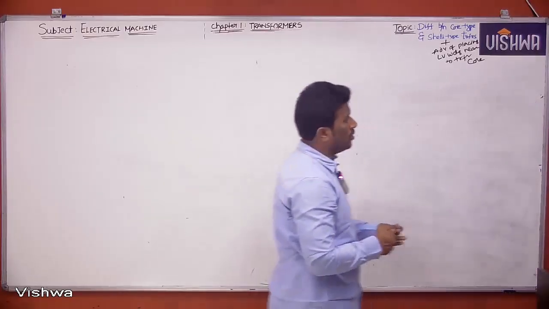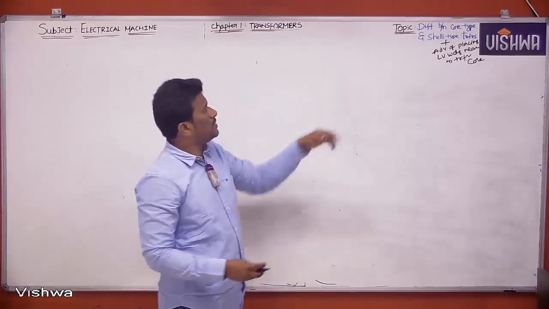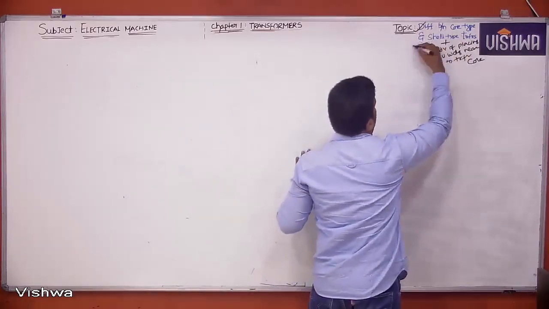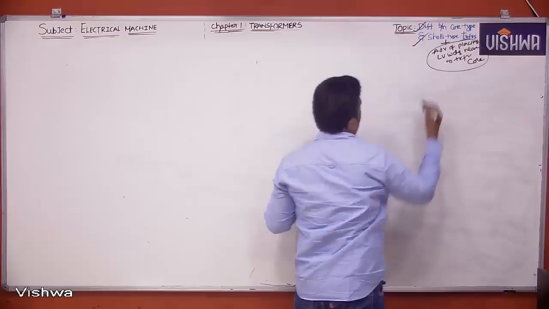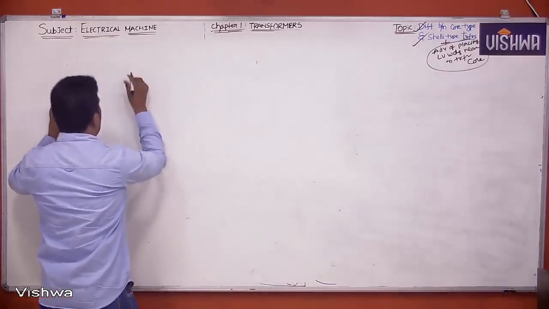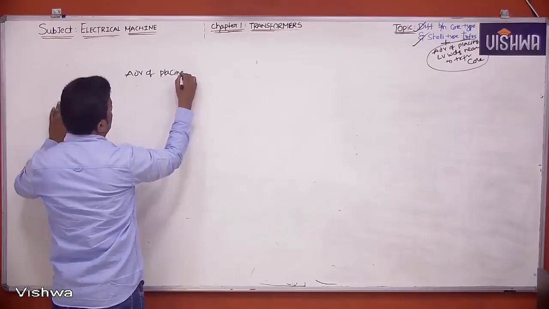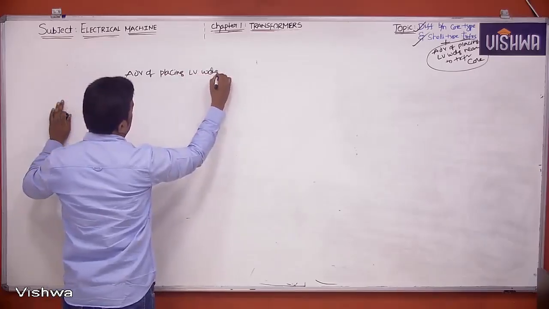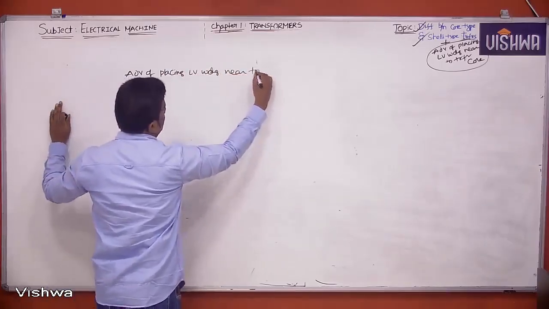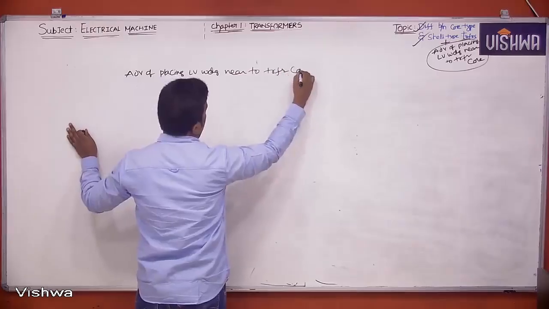So guys, what is our next topic? Difference between core and shell is completed. I'm just going for this topic: advantage of placing low voltage winding near to transformer core.